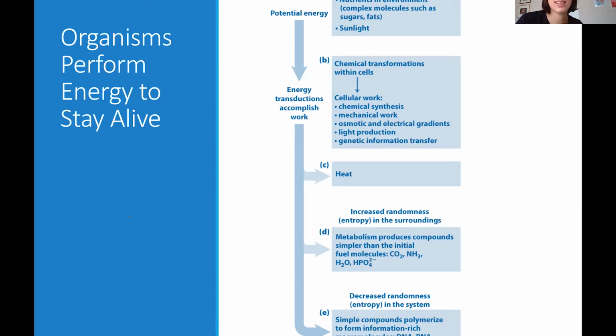And we see it in, for example, the transference of sunlight to different molecules, making molecules within a plant, or chemical transformations. This is where we take things like chemicals and produce mechanical work within an organism, or we make electrical gradients.